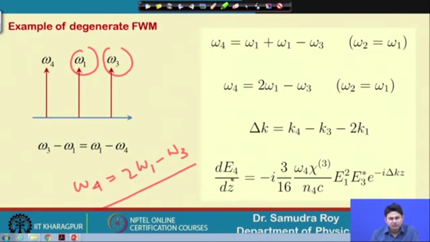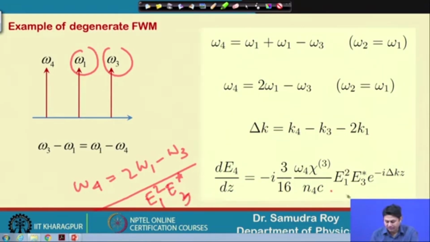And for the special combination, once we calculate the evolution of the electric field corresponding to omega 4, I will have here the frequency component 2 omega 1 minus omega 3. So, the field should have E1 squared E3 star, sorry, because it is omega 3.